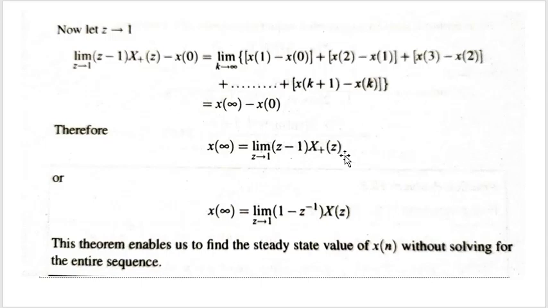Another representation is also there, but it is not necessary to be confused, so this much is sufficient. I hope these properties are very clear to you. That concludes all the 13 properties of the Z transform. We will see some problems and then conclude today's lecture.